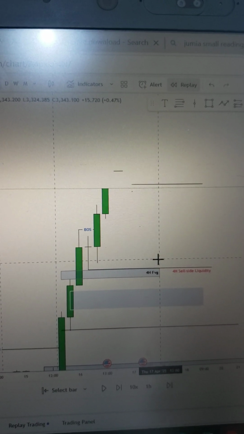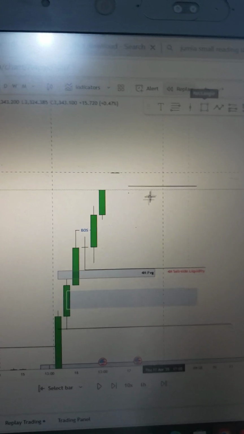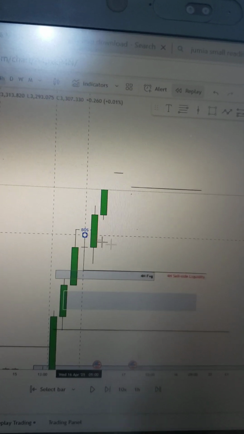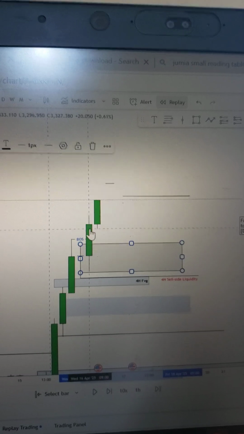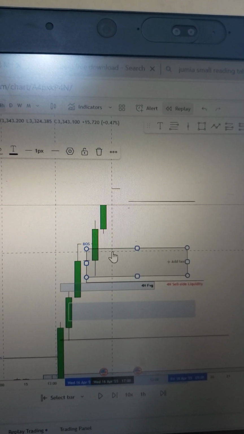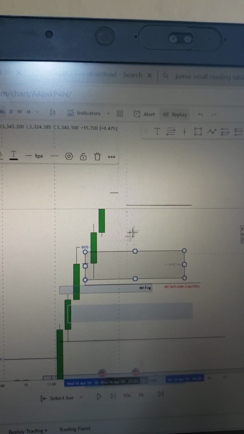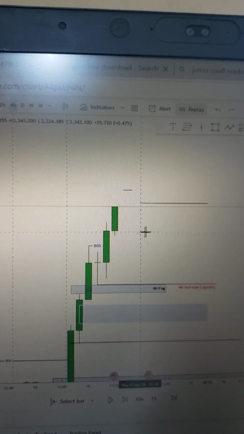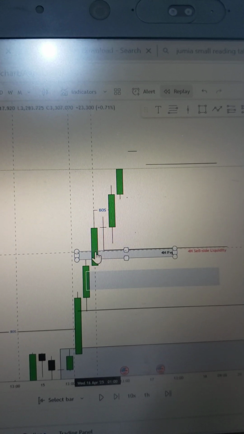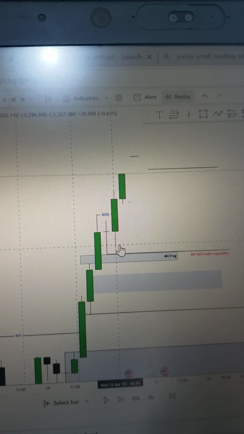Most people consider this as another block, but why didn't I consider this setup and say, okay, since there's an imbalance and another block, it's valid, price could retrace down here and continue on the upside? I could, but I didn't because I saw this candle wick and this candle wick.